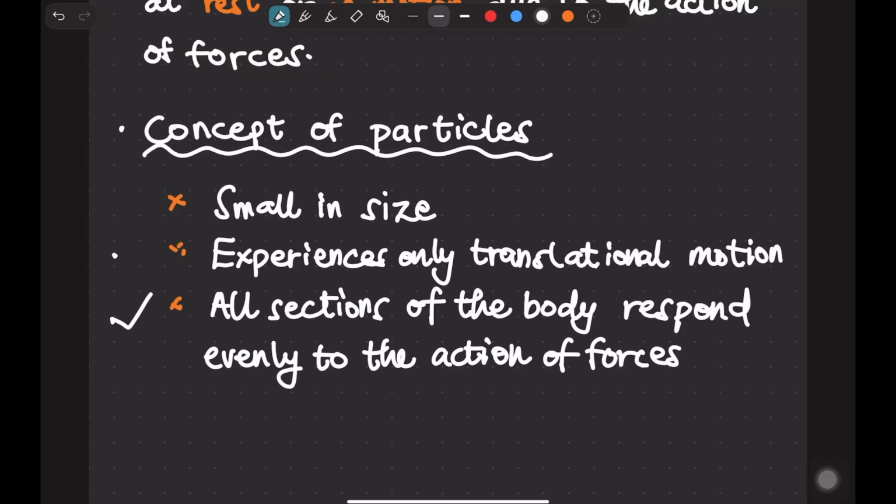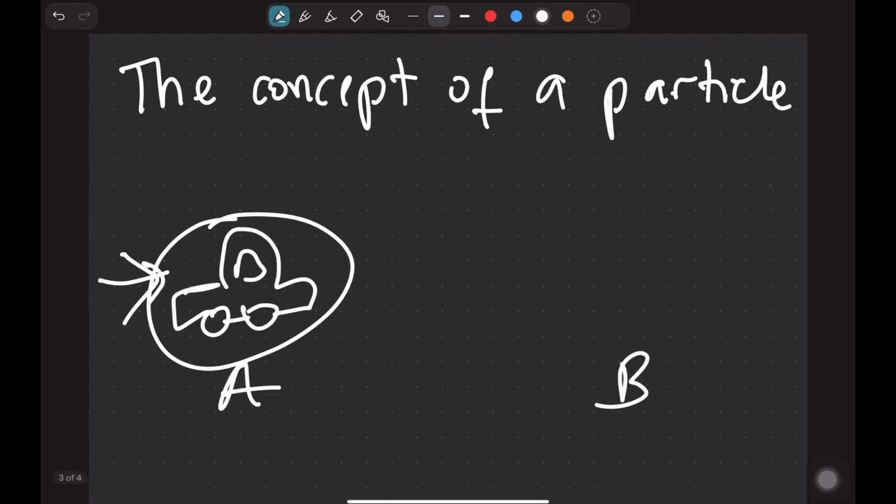So then we can go ahead and take this. The third characteristic of a particle is that it should be small in size.